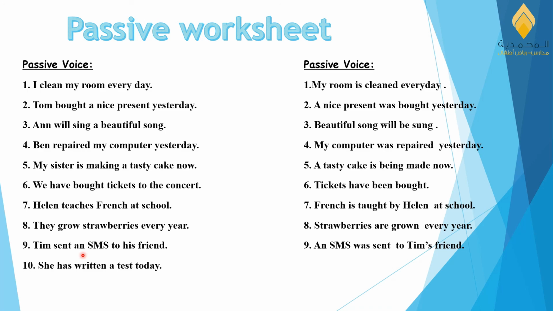You could delete it or keep it. 10. She has written a test today. What's the tense of the sentence? It's present perfect. Where is the object? A test. Can you construct the sentence? Yes, correctly. A test has been written today.